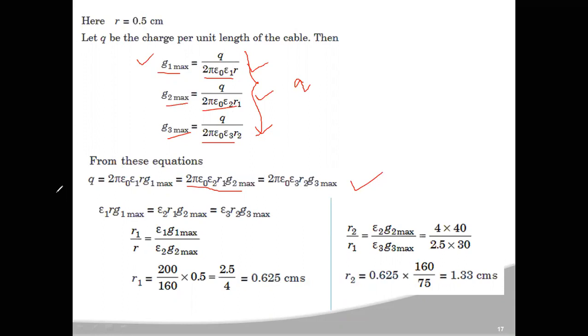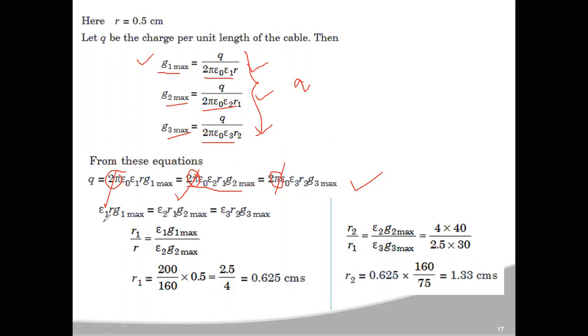Now in all these, 2 pi epsilon naught will get cancelled. Then you will have the condition epsilon 1 R G1 max is equal to epsilon 2 R1 G2 max is equal to epsilon 3 R2 G3 max.